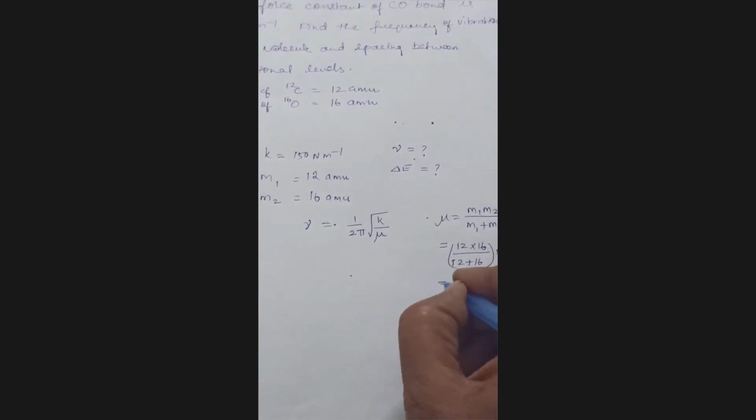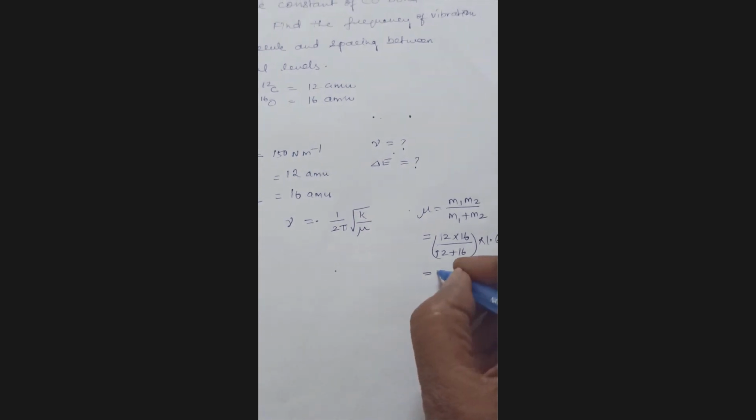So when you simplify this, the answer comes out to be 1.14 into 10 raised to the power minus 26 kg. So here we have the value of mu.